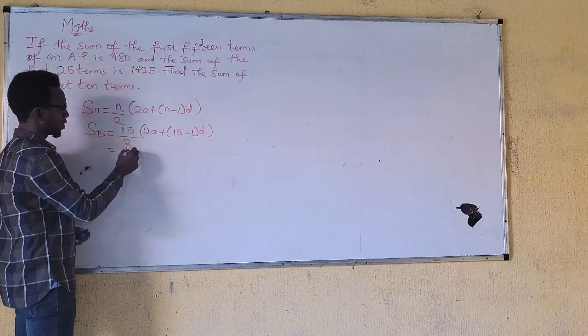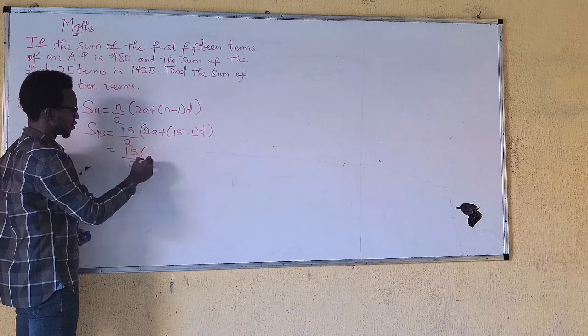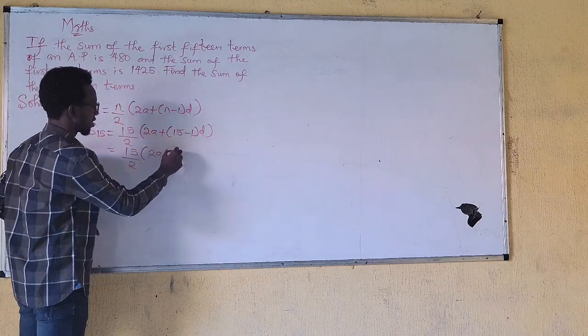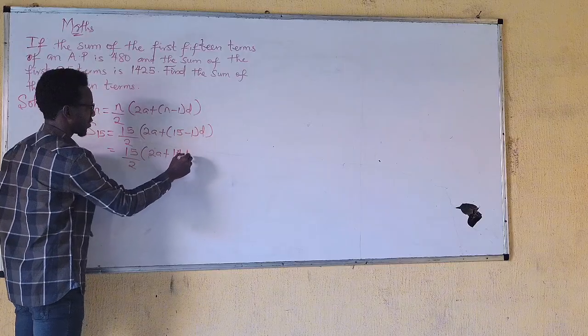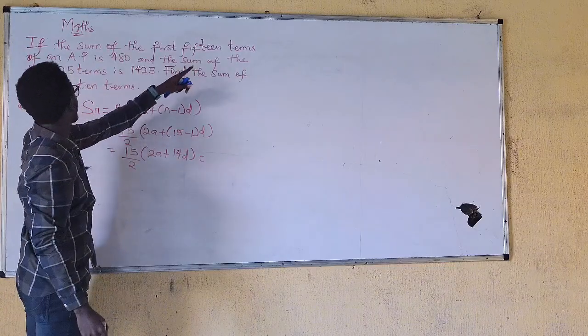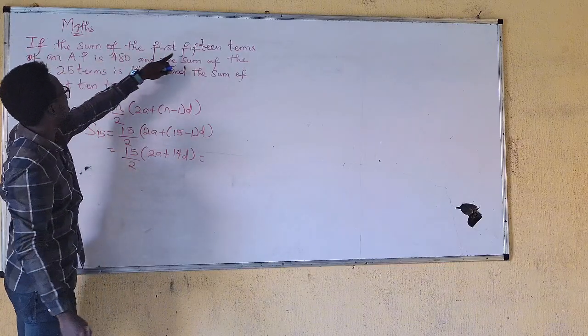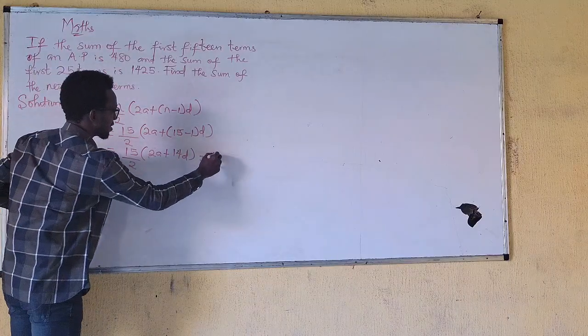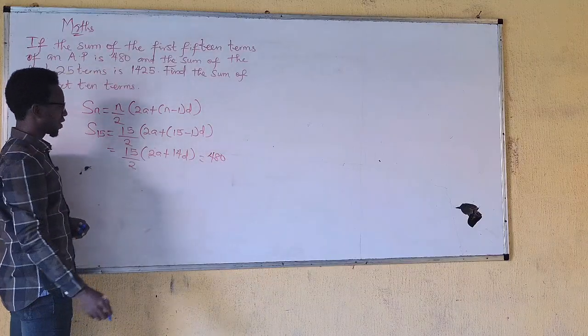Now from here, we have 15 over 2, 2a plus 15 minus 1, which is 14, times d, is 14d. Now in the question, don't forget we were told that the sum of the first 15 terms is 480.